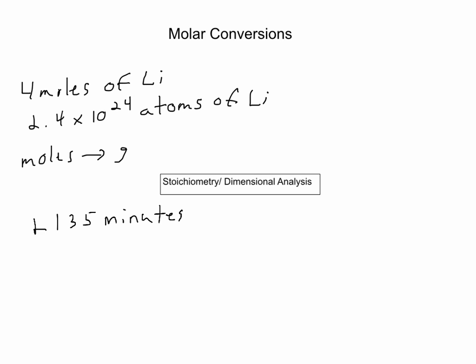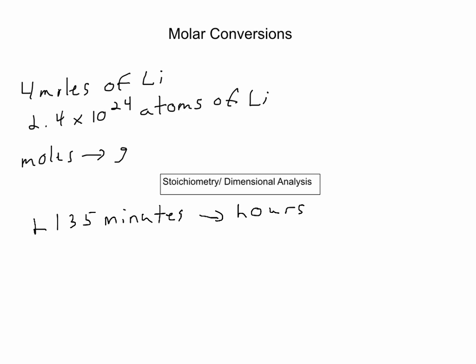Well, that's a big number, but how will we get a better sense of what this is? Well, we might want to convert it to hours. So we have to convert this number to hours, and maybe that will give us a better sense of how long a period of time this is.